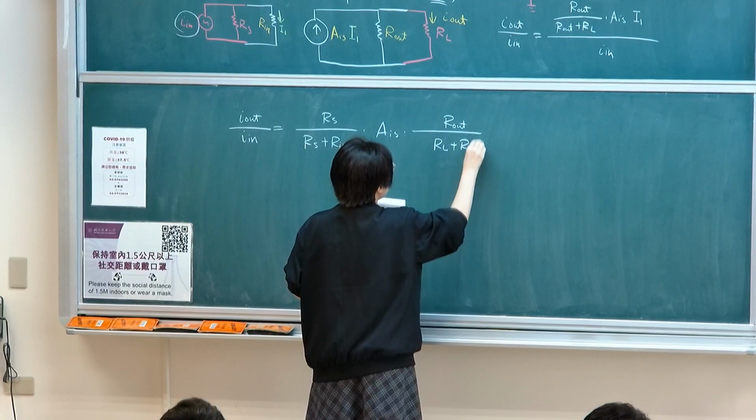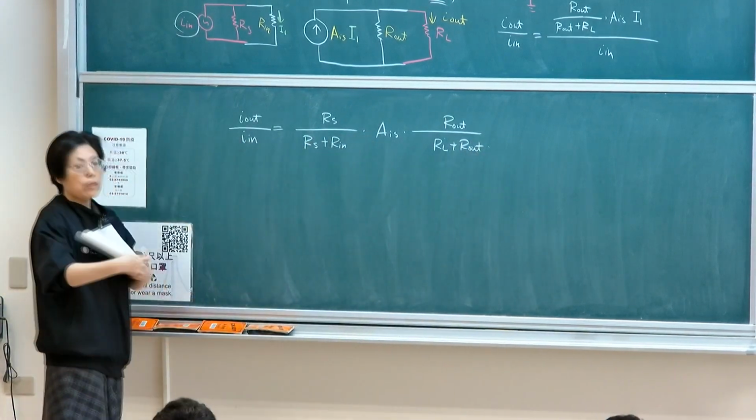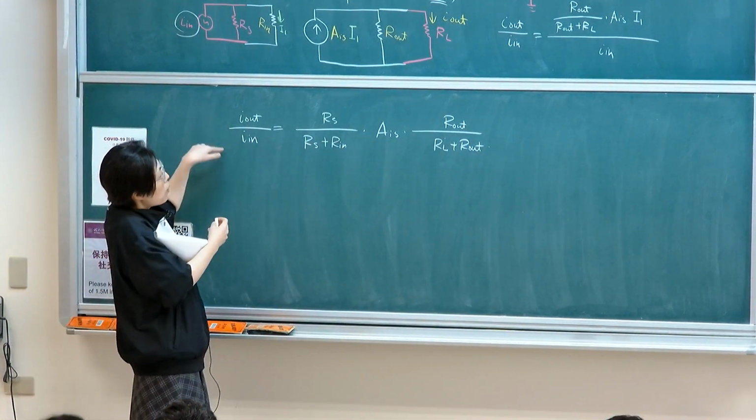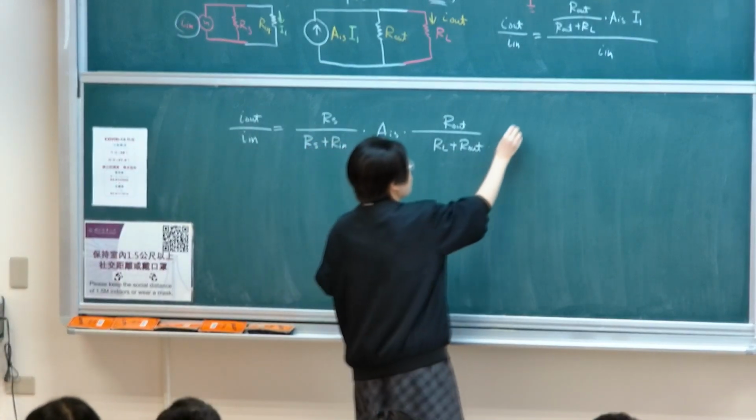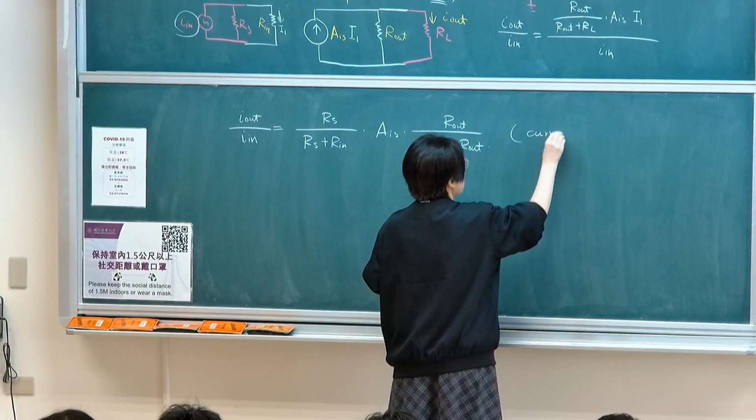Okay? So this is just a current dividing result. Your current ratio is called the real current gain, signal gain.